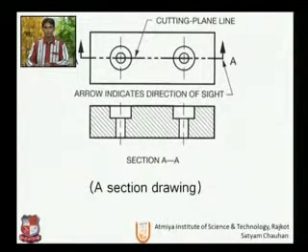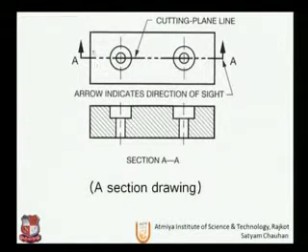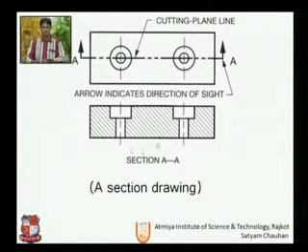So for that object, this is our top view, and the cutting plane line is drawn this way. Whatever part lies beyond this line on this side is visible and drawn in this way. The arrow indicates the direction of sight.